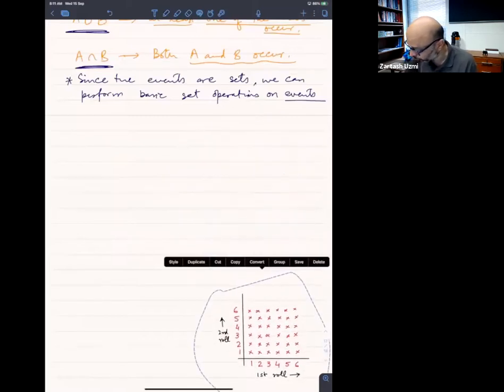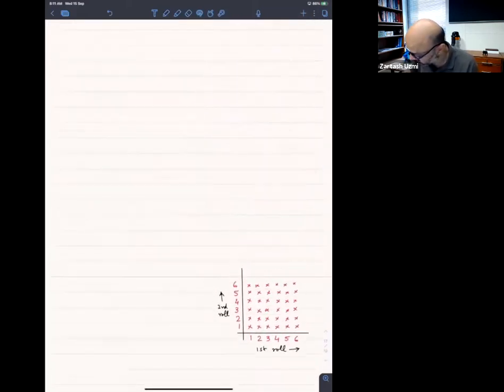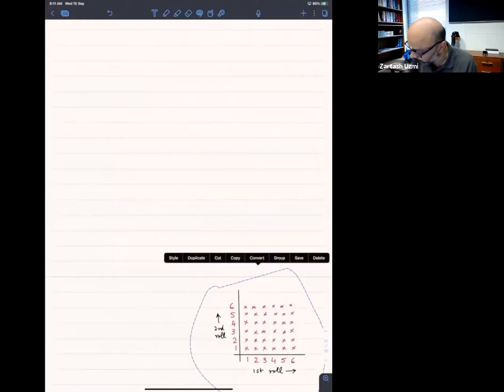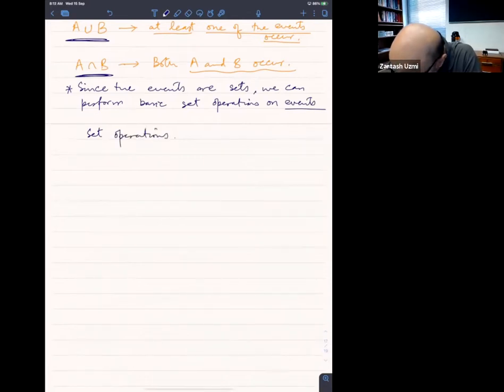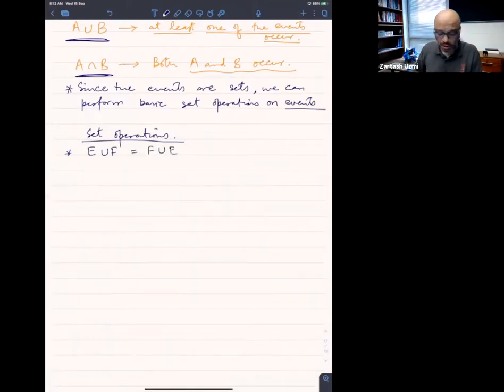Okay. I'm going to move this out of the way. We'll have to use this later on. So I can perform some set operations, some examples of the set operations, and this is obviously not an exhaustive example. Which set operations can we perform? So one possibility is that E union F is the same as F union E. E union F and F union E are the same.